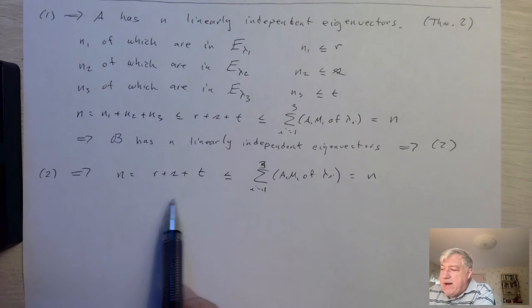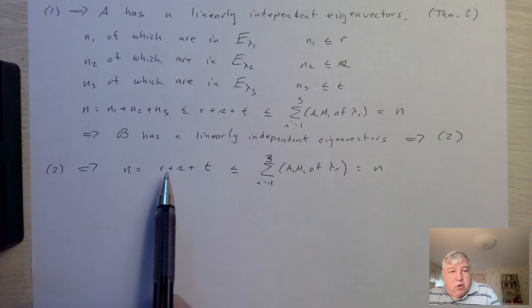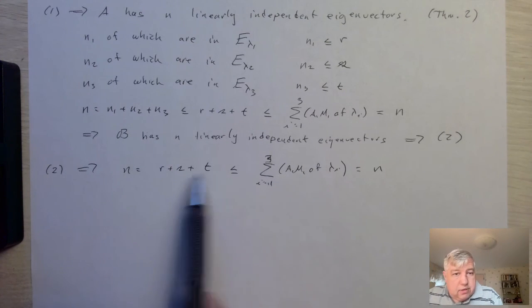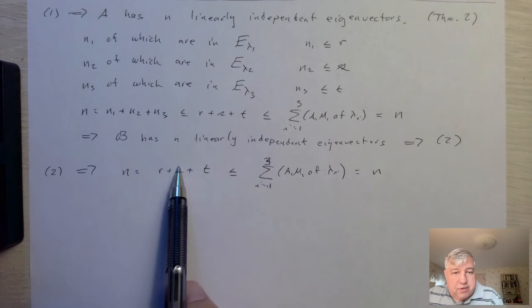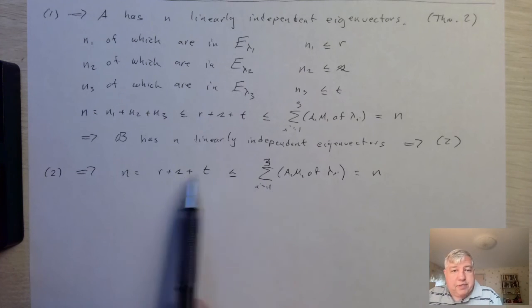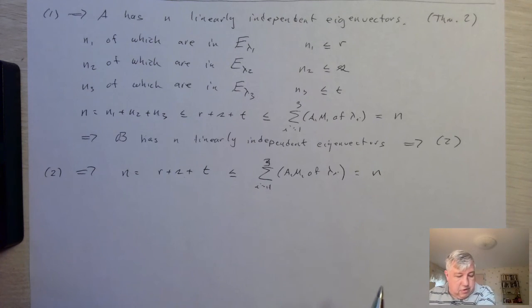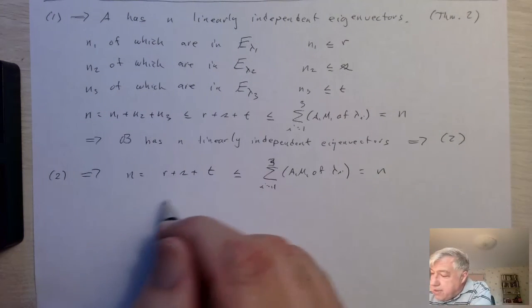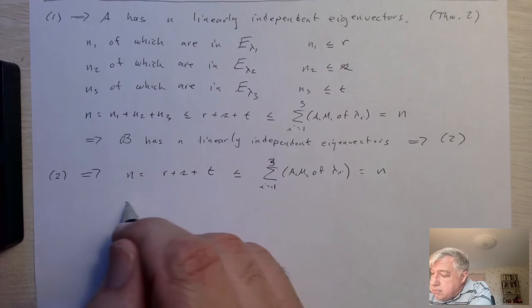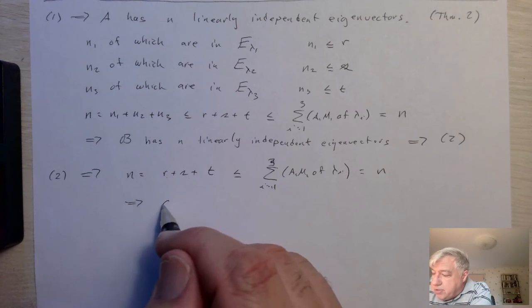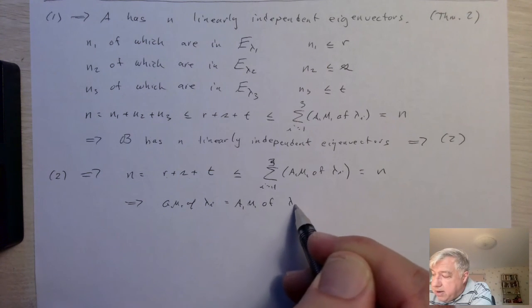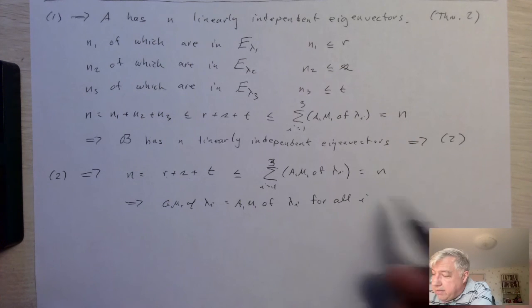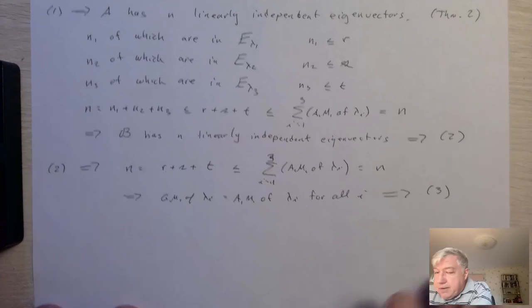So once again, we have equality here. R is less than or equal to the first algebraic multiplicity, s is less than or equal to the second, and t is less than or equal to the third, but the sums are equal. The only way that this can happen is if everything is equal. So that means that the geometric multiplicity of lambda I equals the algebraic multiplicity of lambda I for all I, and that proves 3.